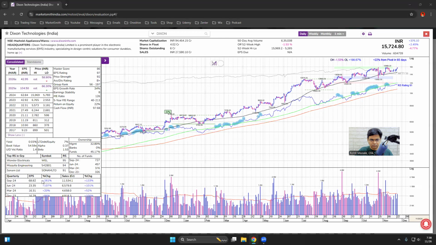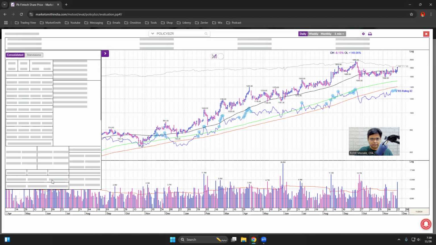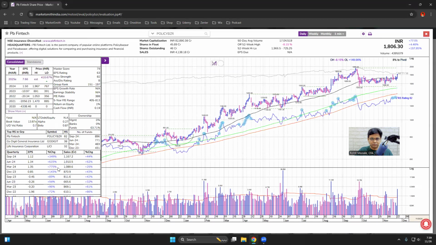Now, you might say, Rohit, Dixon is 261% latest quarter growth, and PB FinTech is 349%. So tell me which company is better. PB FinTech is 350% growth. Dixon is 260% growth. So you might say, well, PB FinTech is a better company.